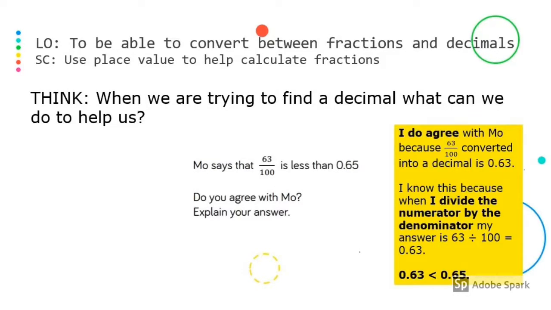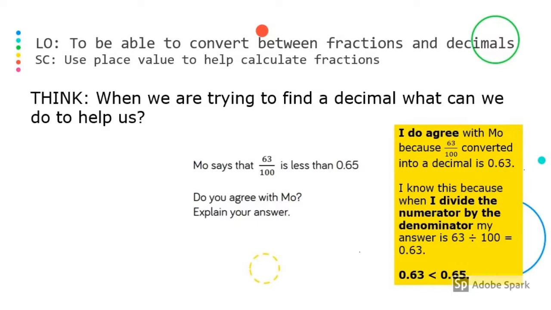When you answer these kind of questions, remember you need to answer it, then you need to use some maths to prove it, and then you need to explain your answer. So, I do agree with Mo because 63 hundredths converted into a decimal is 0.63.